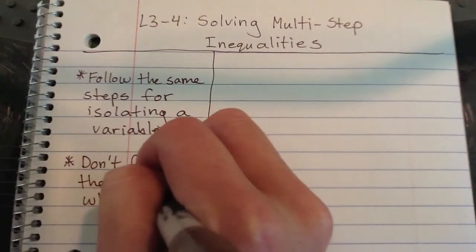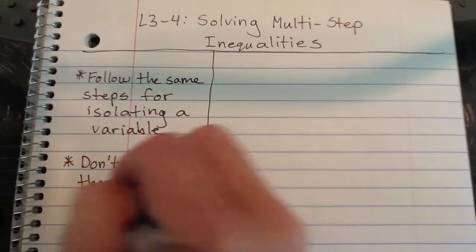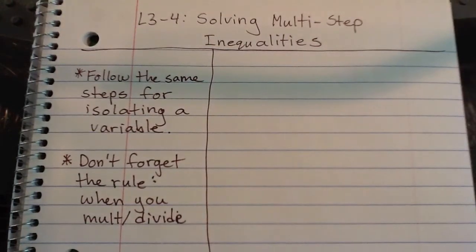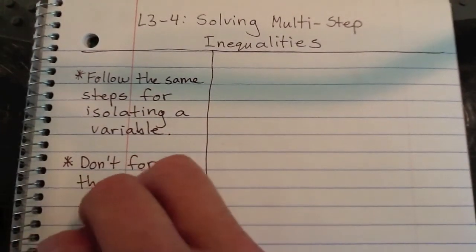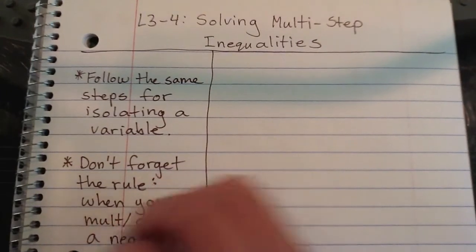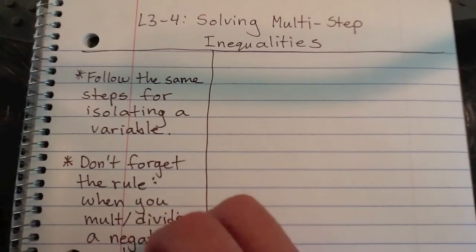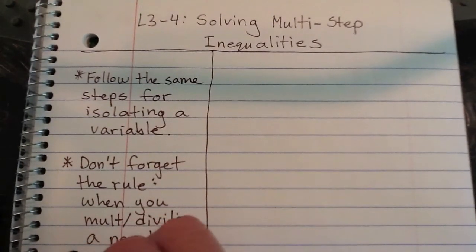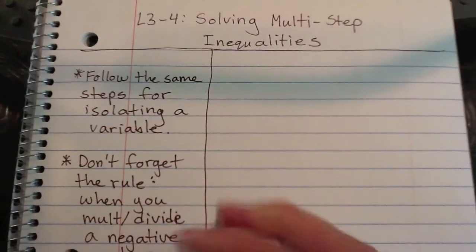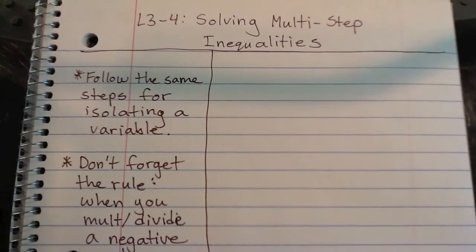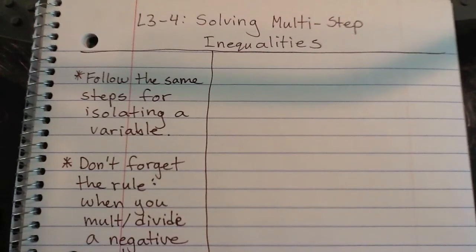And the rule is, when you multiply or divide a negative number across the inequality, the direction of the inequality switches.